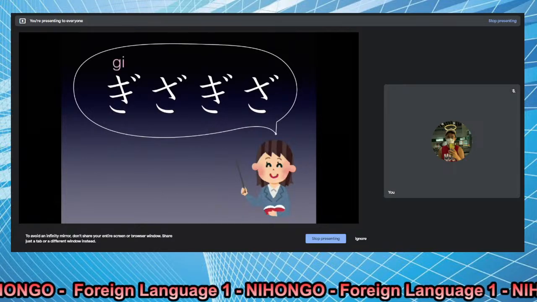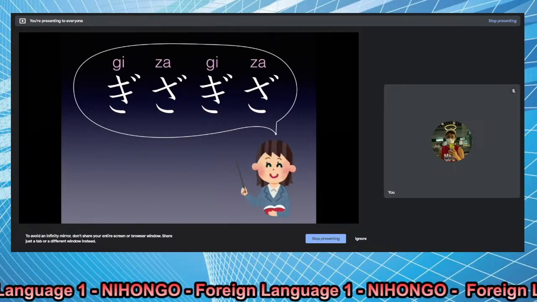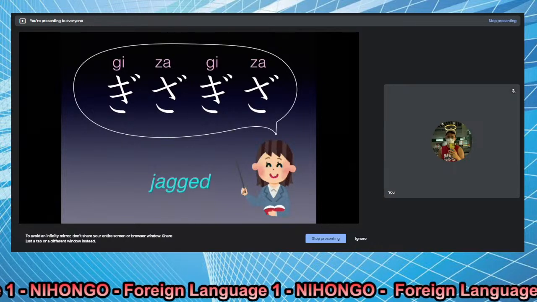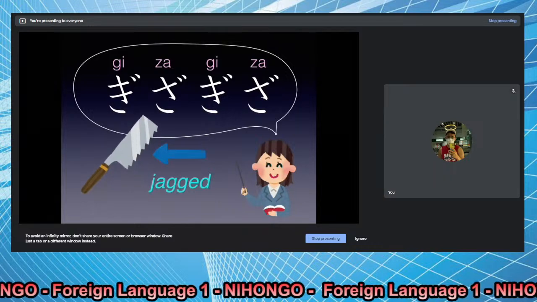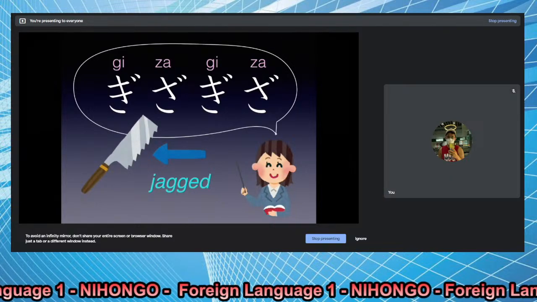This is giza giza. Giza giza means jagged or sharp edges like this. Can you say it okay? Giza giza.